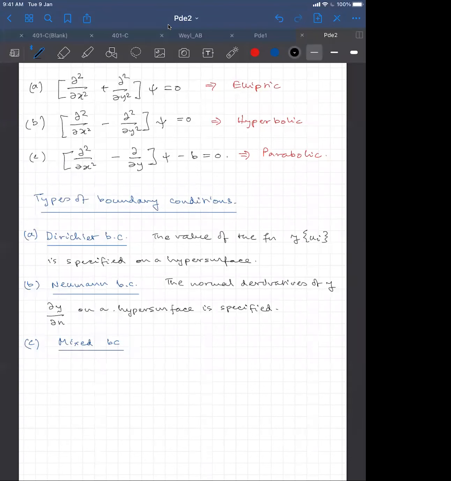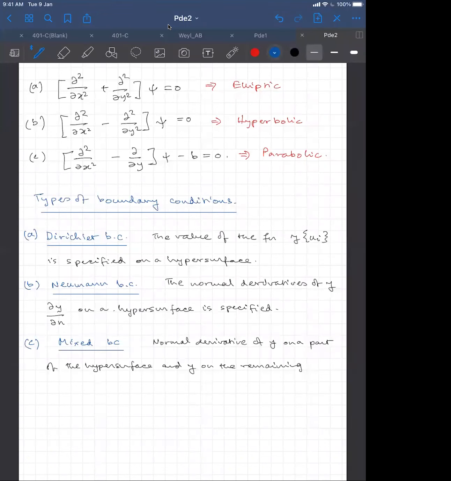For this, the normal derivative of y on a part of the hypersurface and y on the remaining. So we mix these two up.